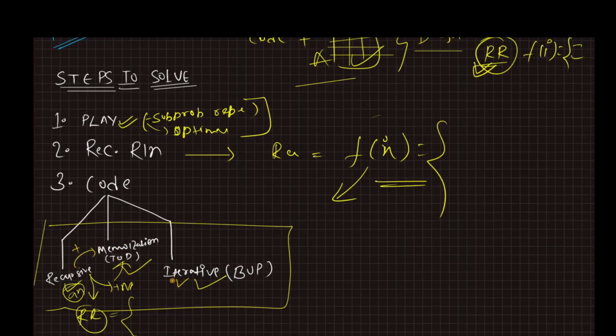And third is iterative, and you should always go for iterative. If you can write the recurrence relation properly, then you don't need to worry about the other two. Why should you go for iterative? Because it will always beat the memoization form, and further on you can optimize the iterative form.